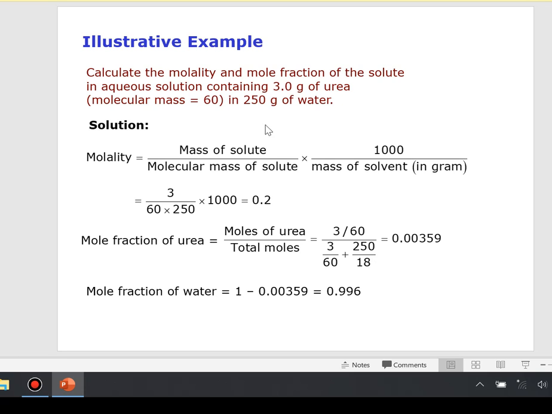The number of moles of urea is 3 upon 60, plus number of moles of water, 250 upon 18. That is 0.00359, the mole fraction of urea, and for the water 1 minus 0.00359, that is 0.996, the mole fraction of water.